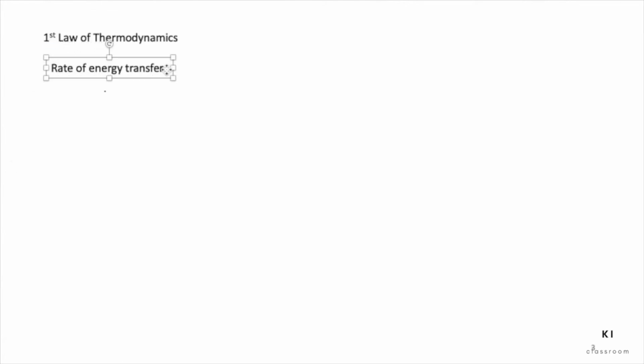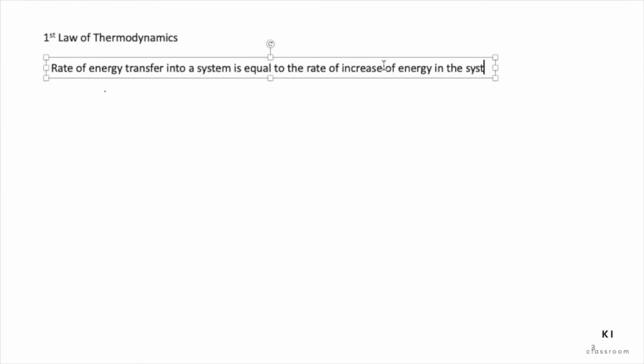By definition, the rate of energy transfer into a system is equal to the rate of increase of energy in the system. This basically refers to energy that can neither be created nor destroyed during a process. It can only change in form.